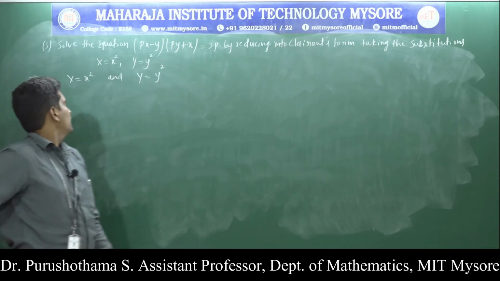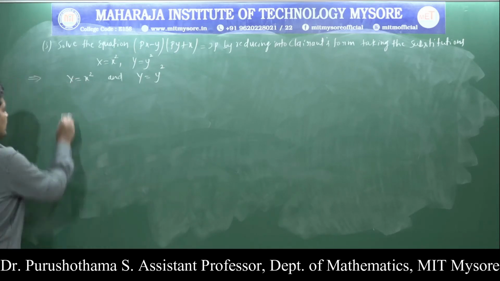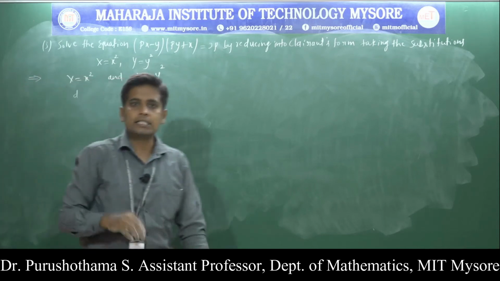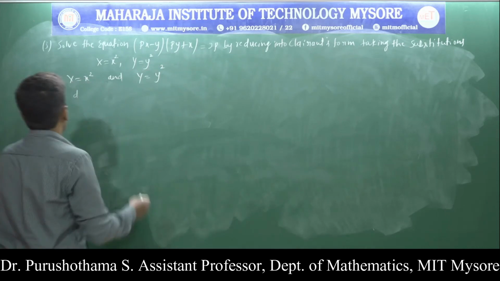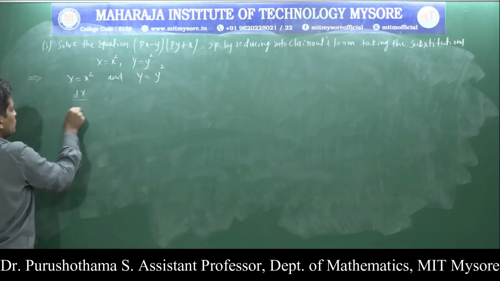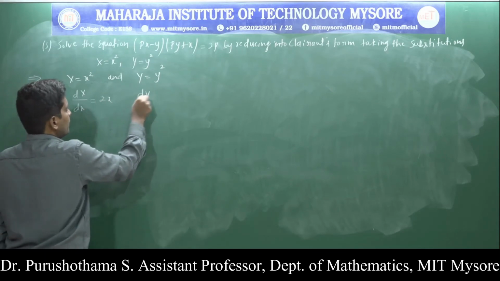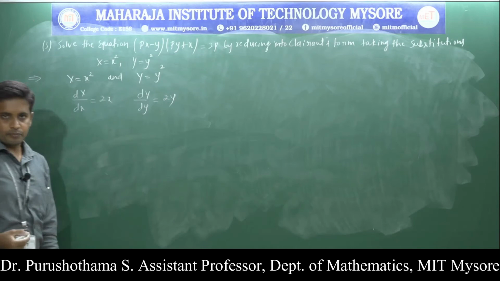In the next line, differentiate capital X and capital Y with respect to small x and small y. Therefore, the derivative of capital X with respect to small x is 2x. The derivative of capital Y with respect to small y is 2y.